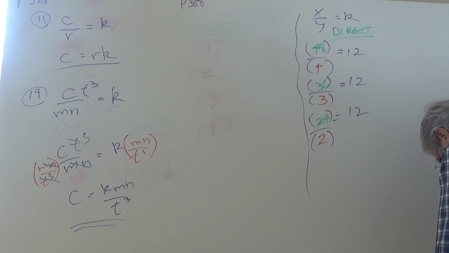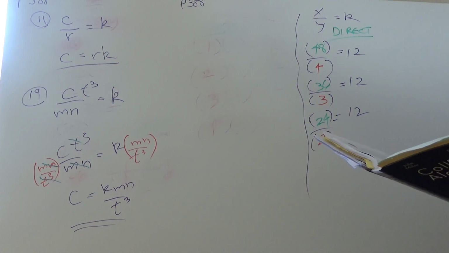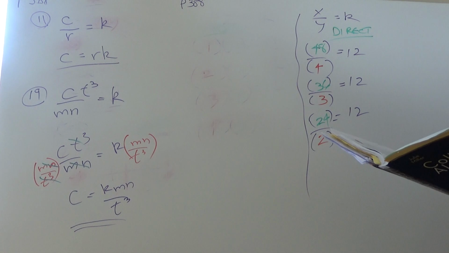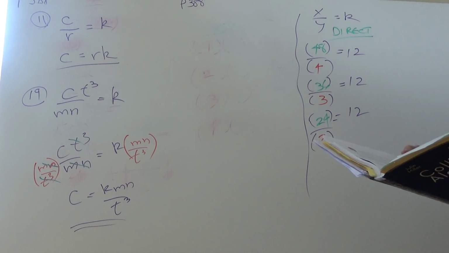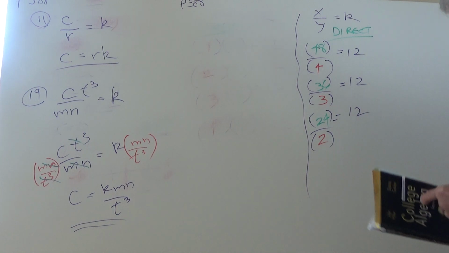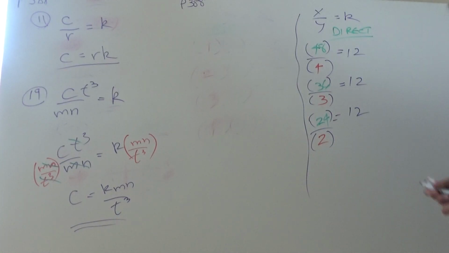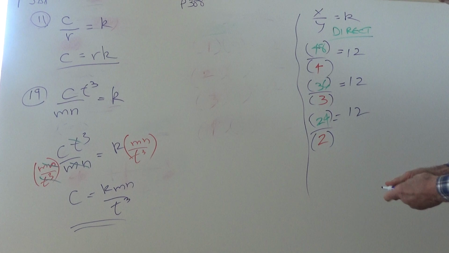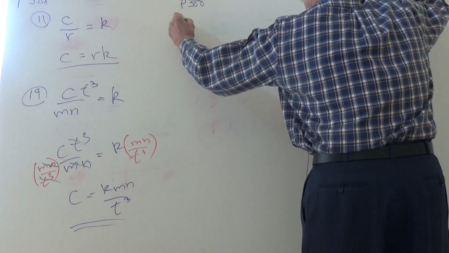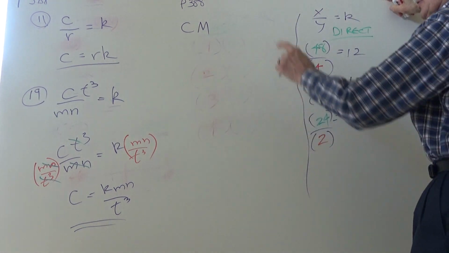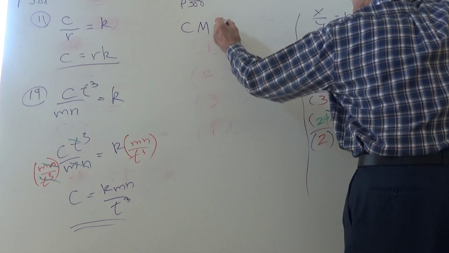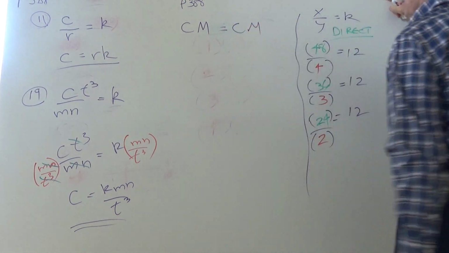Second reading. The rental car company indicates that the cost per mile for renting a car for a given day is inversely proportional to the number of miles driven. So I'm going to use C for cost and M for miles. And we're going to say the cost is inversely proportional. Remember, the inverse proportion is a multiplication situation, CM on both of those.